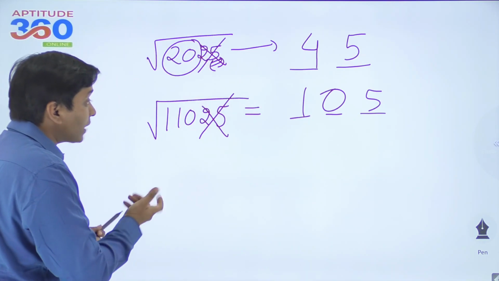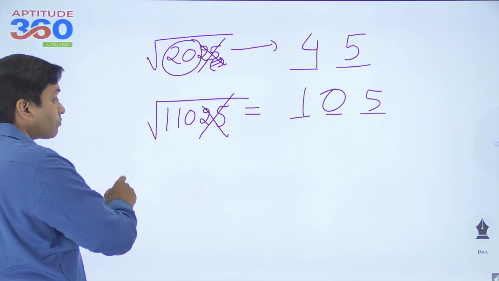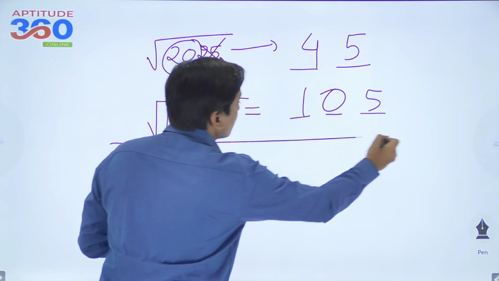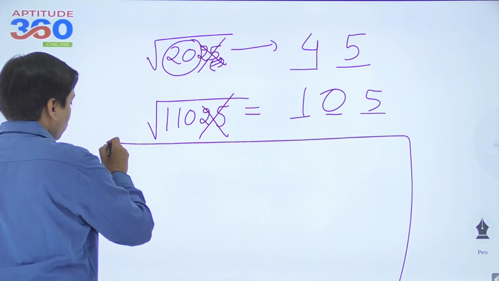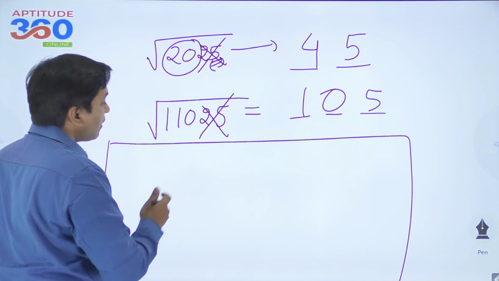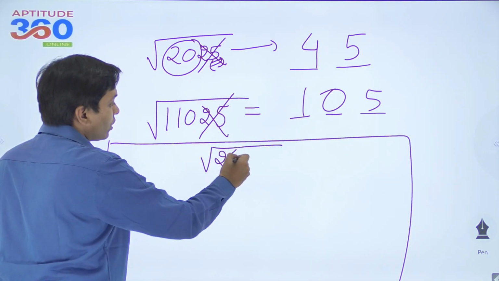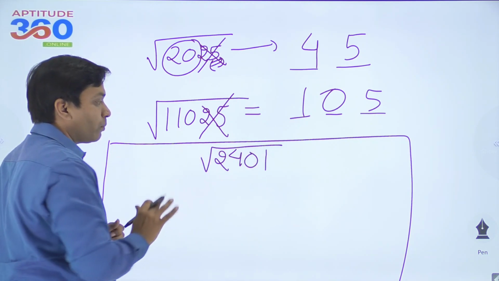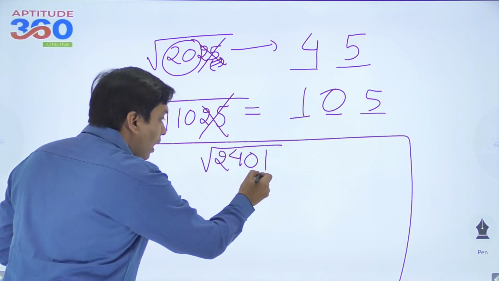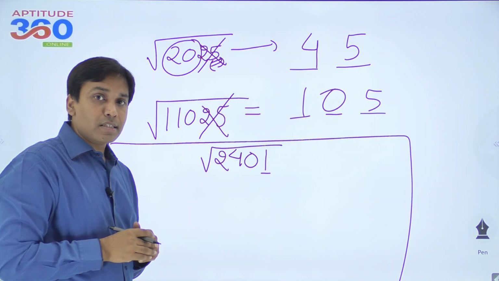But then if you don't have 5, what is going to happen? Then you will be having 2 cases. Let us see how we are going to have 2 cases. So I am finding out the square root of 2401. Please be mindful of this. Now I have 1 at the unit place.